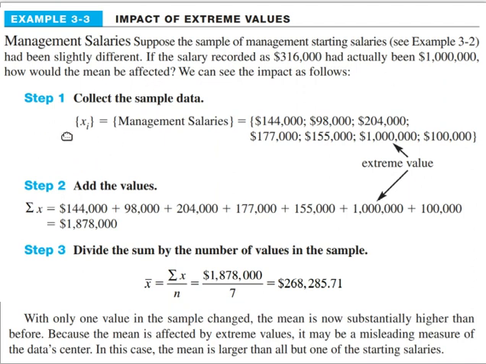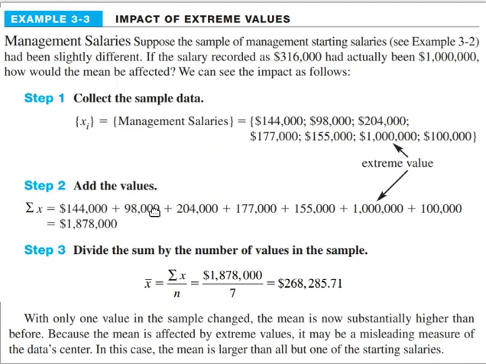Follow the same steps: collect the sample, but here we change one of the entries. The previous entry here was $316,000. Here we change it to 1 million, which is an extreme value for this kind of salary. Then step 2, add the values.